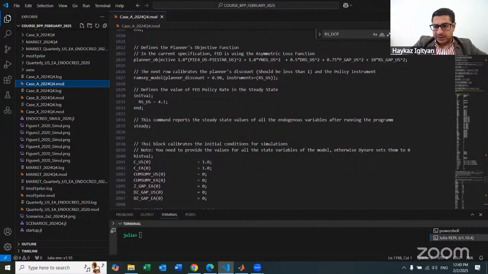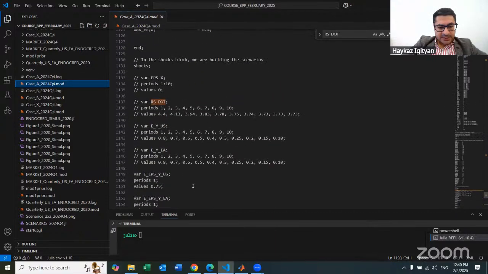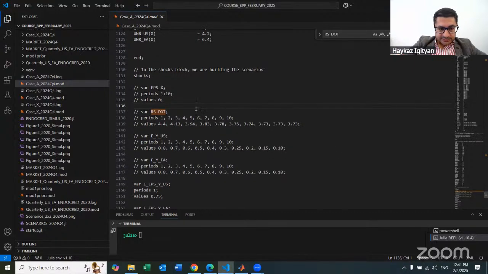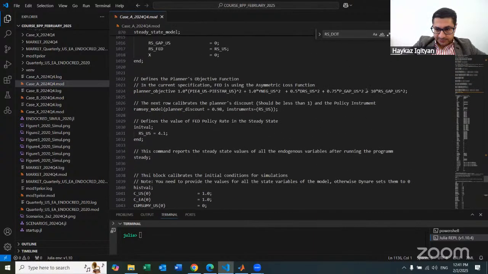But here again we have in the loss function these differences in the interest rates, but in this block we close this. That means that RS Fed will be zero, and by closing this block, we automatically make this component of the loss function irrelevant for the simulation.